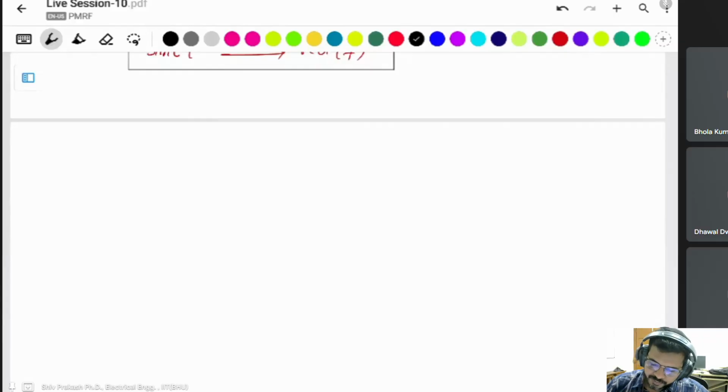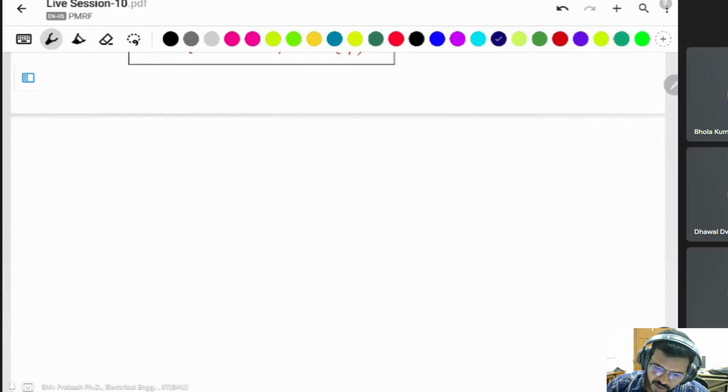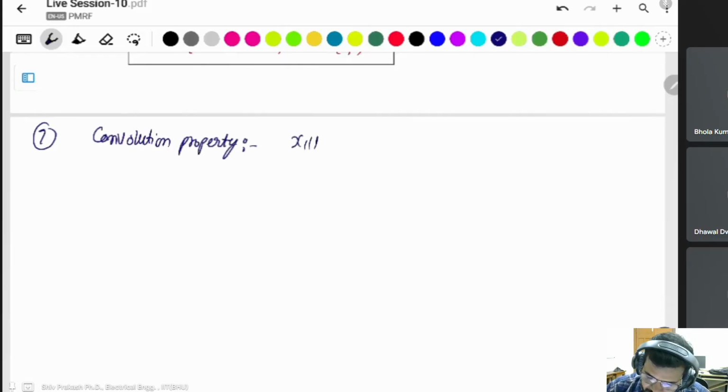Next property, convolution property. You know about all of these things. If there is a function x1 t which has Fourier transform x1 omega, and x2 t has some function x2 omega.